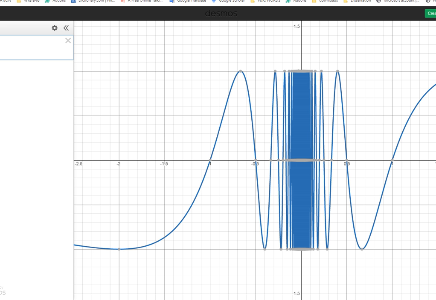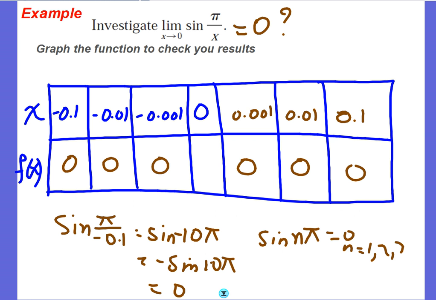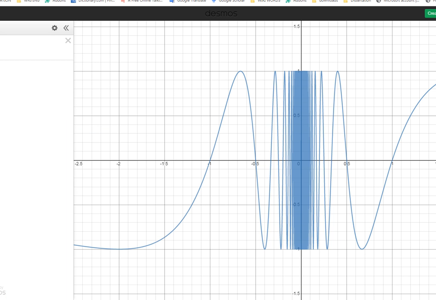You see, the lines are very close to each other, and they oscillate. They are almost thick. It's jumping between -1 and 1. So it means that that limit cannot exist, because from the left side and from the right side, they are not getting to the same value.